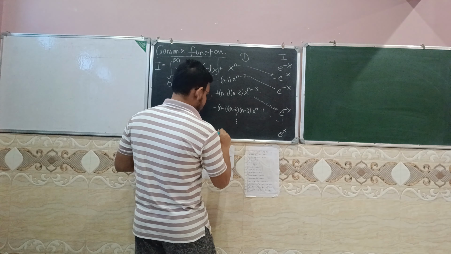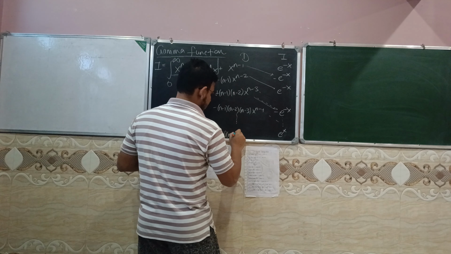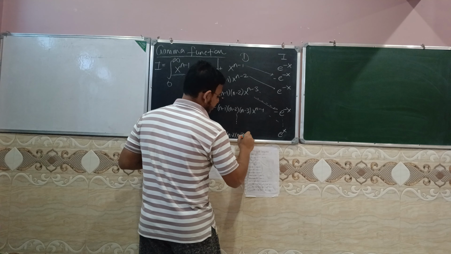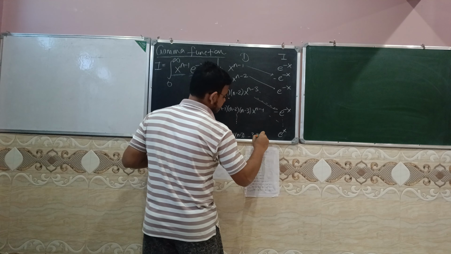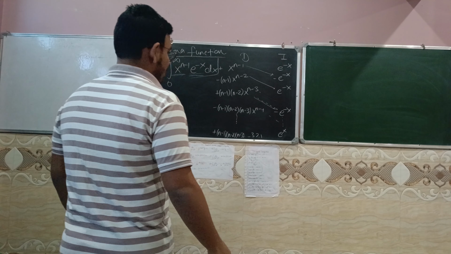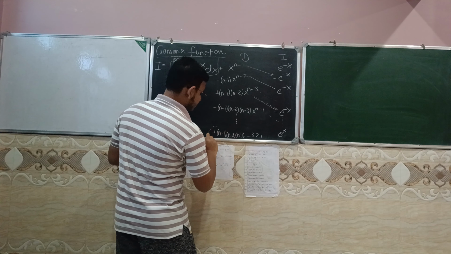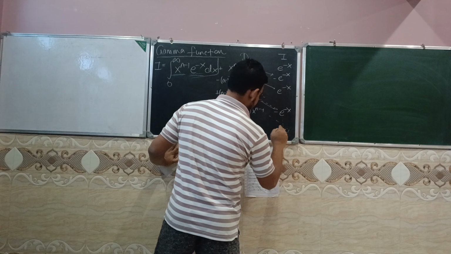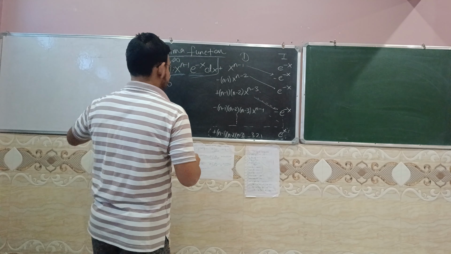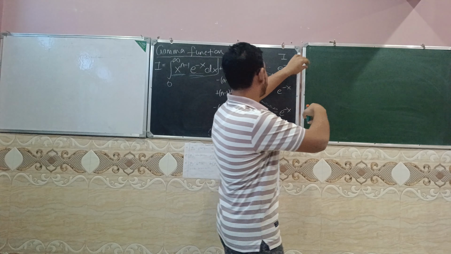So this becomes n minus 1, n minus 2, n minus 3, dot dot dot, 3 times 2 times 1. And this is inside an integral. I hope you all know about that. So let me just write it down on this board.